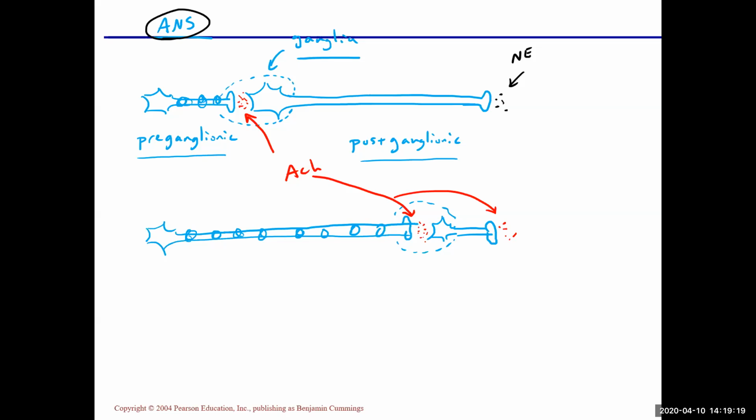on the motor response, there are actually two different types. One of them is called the sympathetic division. Sympathetic division is the one that is on top right here. This one is sympathetic.